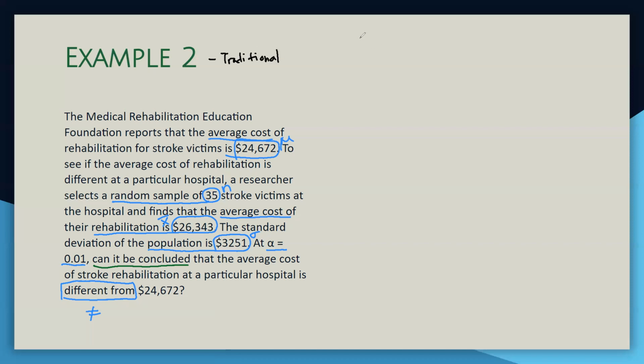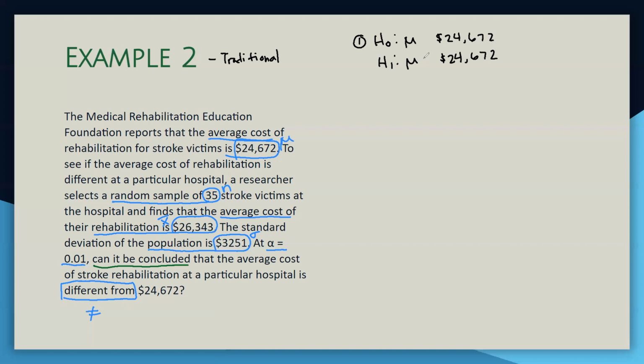So we know we've got a 5-step method. First step, state our hypotheses. We're testing claims about a mean, so I've got to put my mu up there. Next, I know my value is 24,672, and that same value appears in both the null and the alternative.